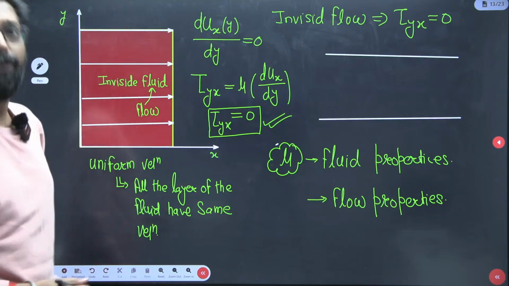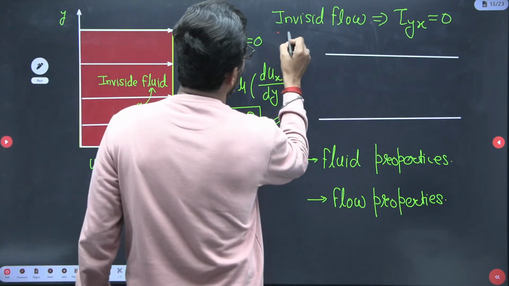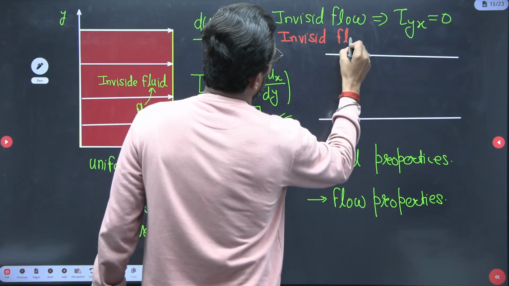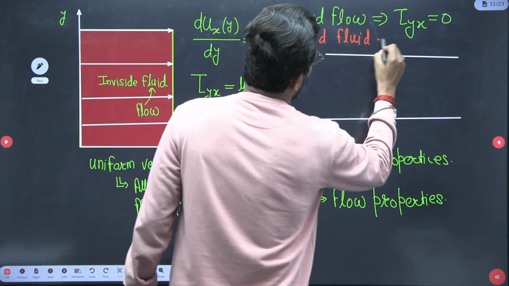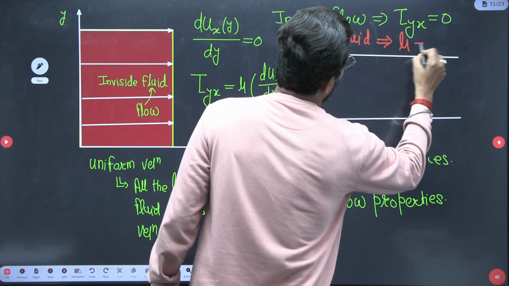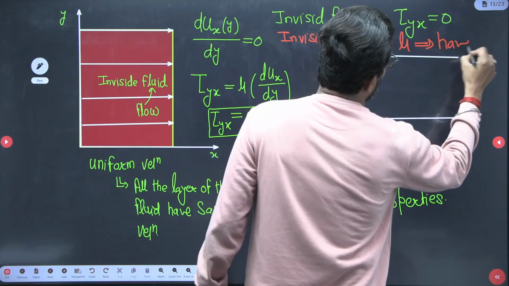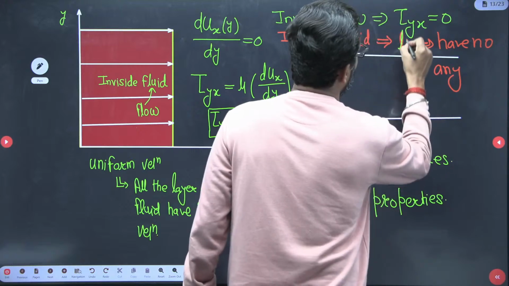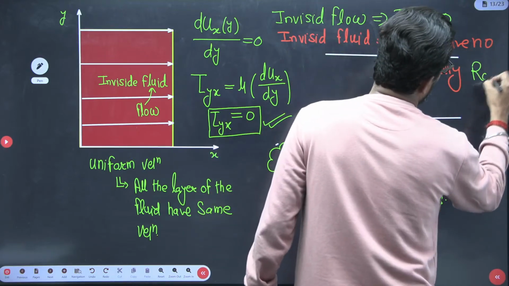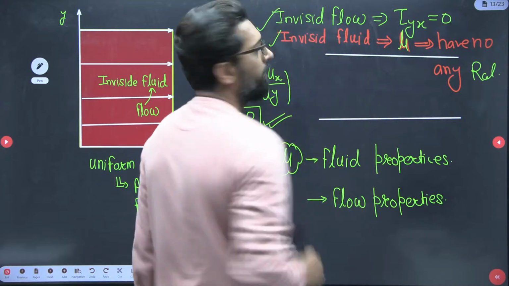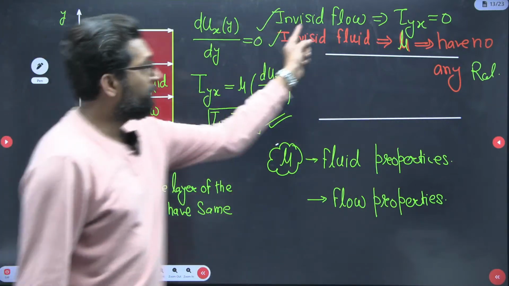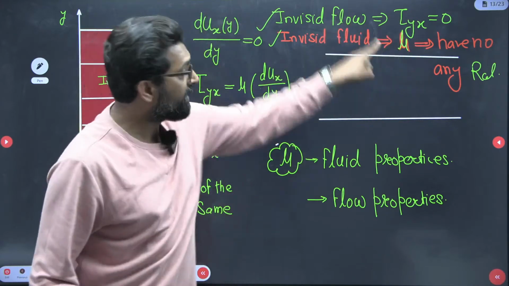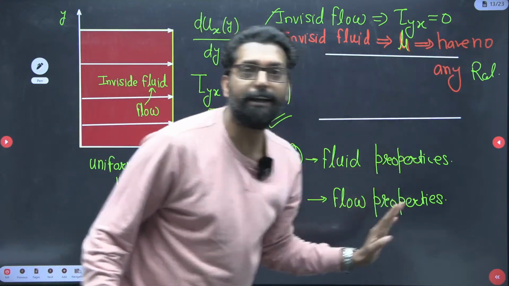And in inviscid fluid, mu has no role. Clear? In inviscid flow, the shear stress is 0. In inviscid fluid, mu has no role. Both are synonyms.